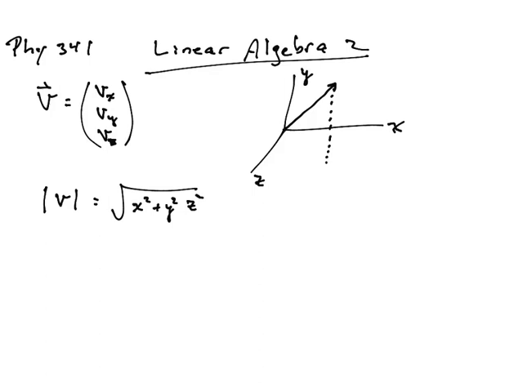Right? Basically, in linear algebra notation, it's v dotted with v, and then you take the square root. Okay, so v dotted with v means x, y, z dotted with x, y, z.